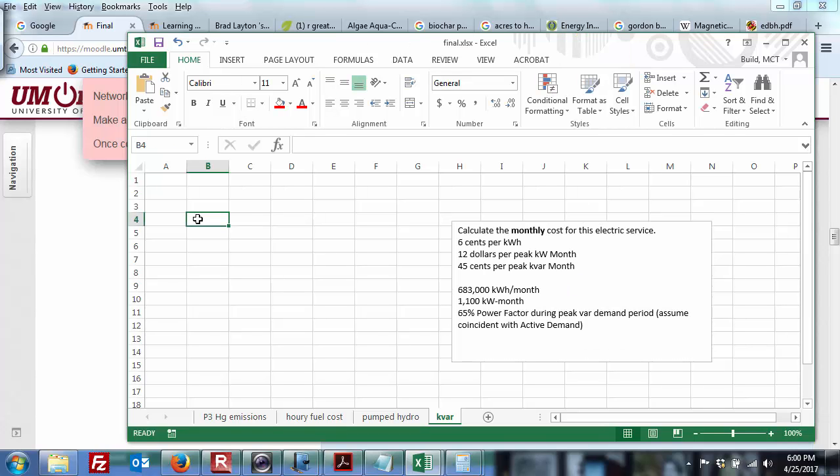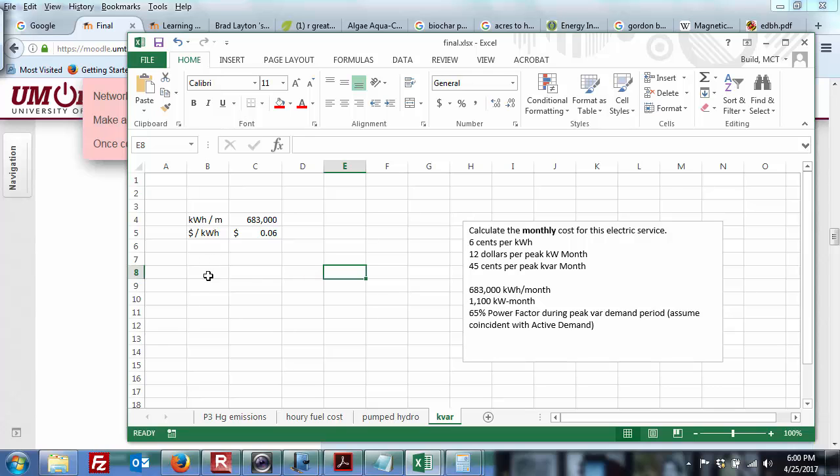Okay, so there's going to be your kilowatt hours per month is 683,000, dollars per kilowatt hour, 0.06 dollar, comma.